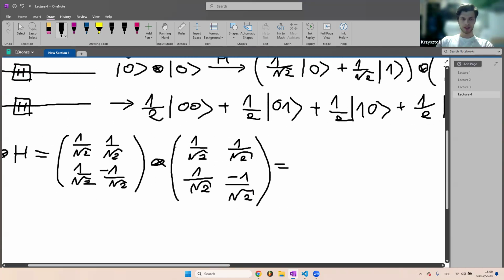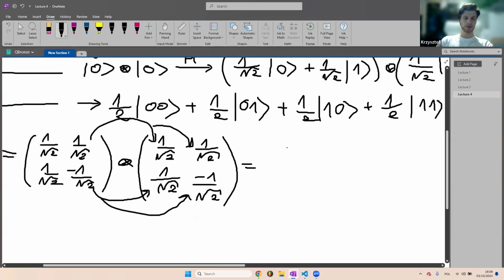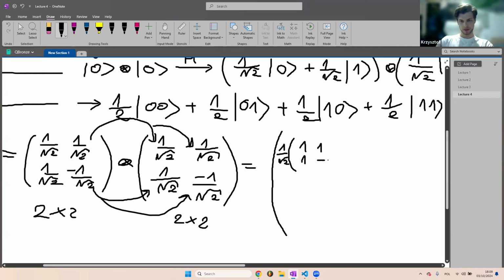In order to calculate the tensor product, we have to put the first matrix before each and every element of the second matrix. Therefore, the resultant matrix will not be 2 by 2, although those are 2 by 2 matrices, but a 4 by 4 matrix.